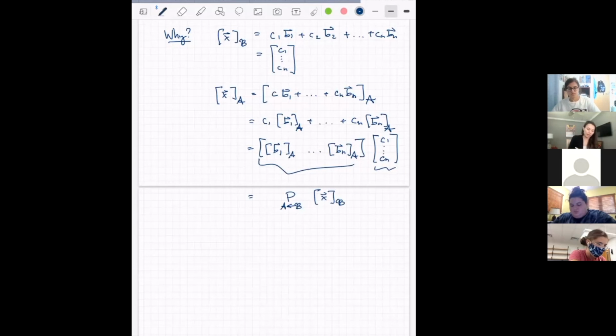So we see that X written in terms of A is equal to this matrix times X written in terms of B.